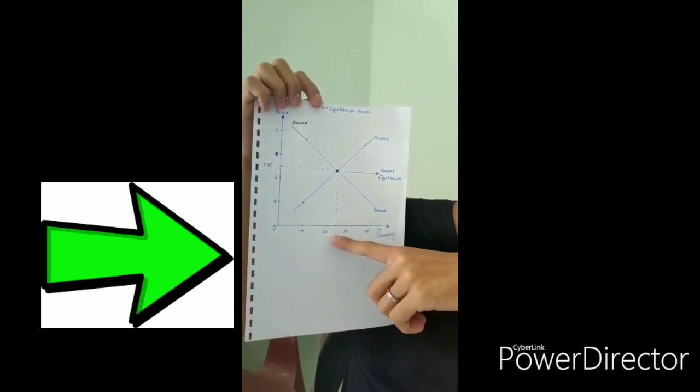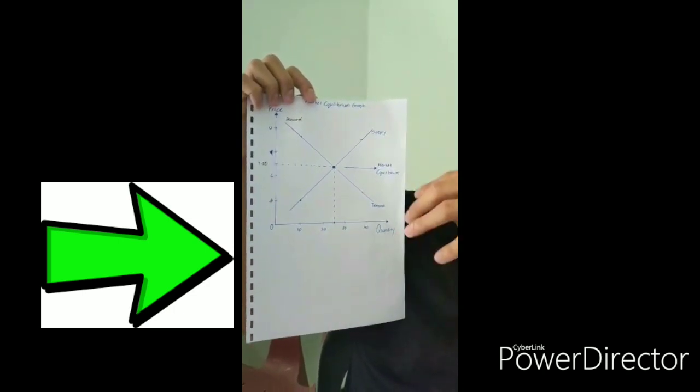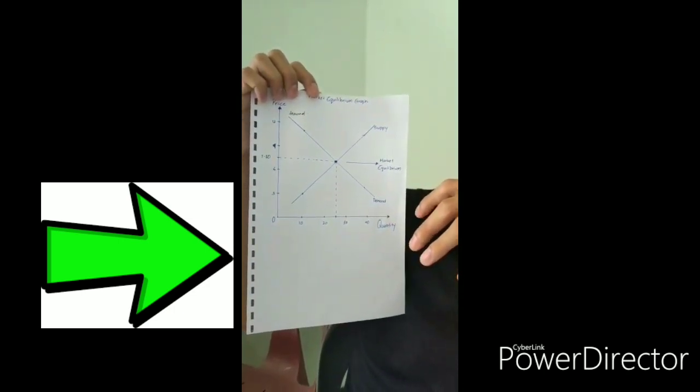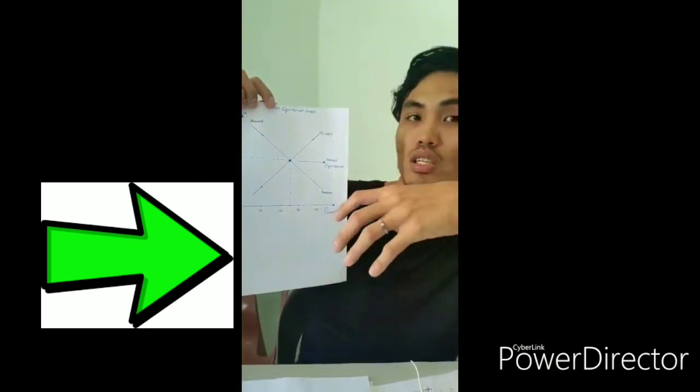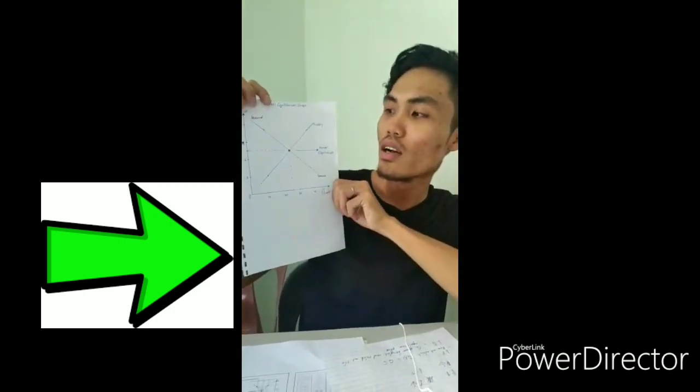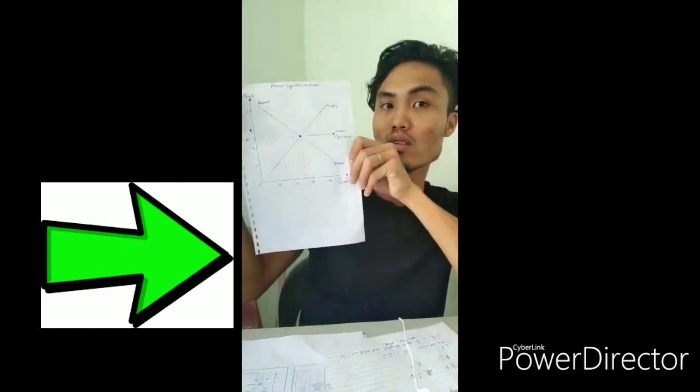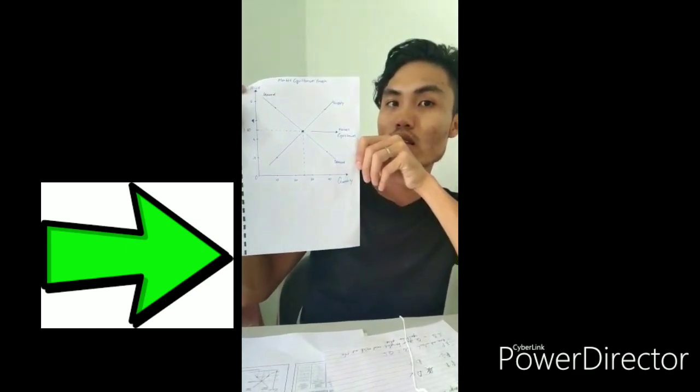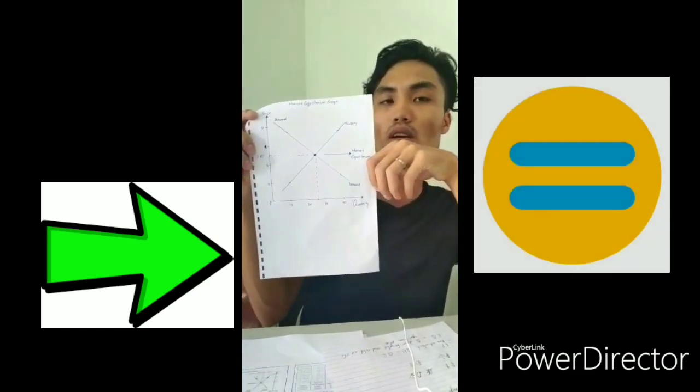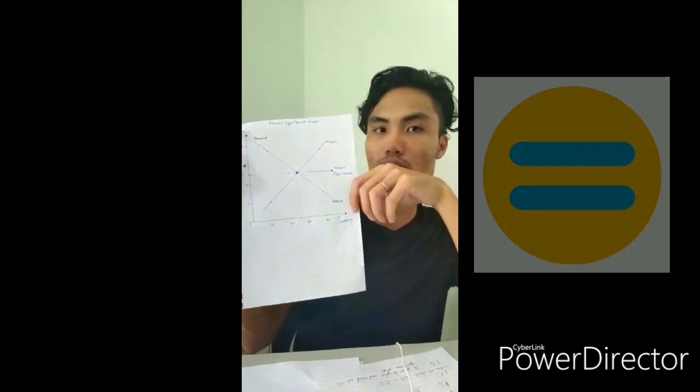So as you all can see, when the price reaches a certain level, both the quantity demanded and quantity supplied will be equal. Yes, that's it. So everyone has just heard about market equilibrium.